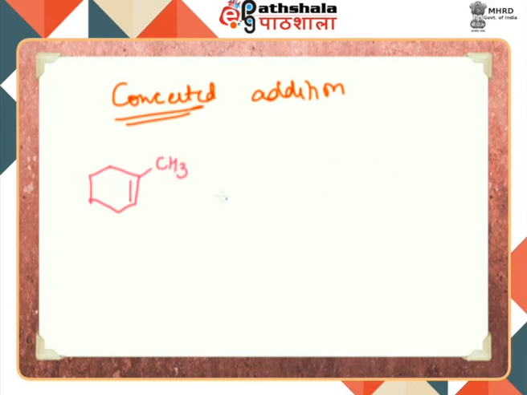Now, when this is reacted with BH3, first of all, the boron being electron deficient and hydrogen here is as hydride, so the positive part attacks that carbon, whereby it will be leading to the more stable carbocation at this position, and the hydrogens will be attacking here. So there is a concerted mechanism which takes place. Let us see how it takes place.